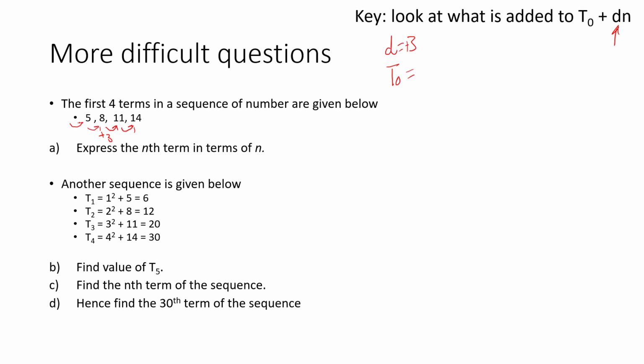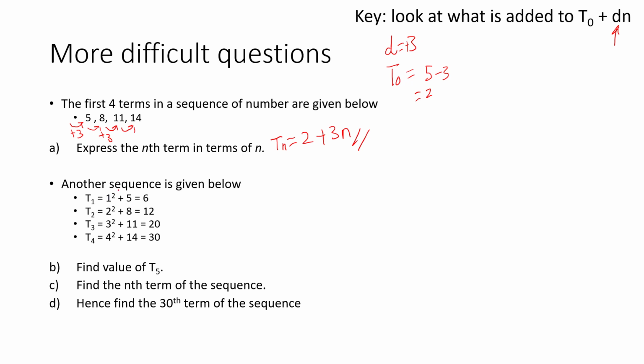So what number added to 3 will give me 5? So I will have 5 minus 3 and I will get 2. So term n will be equal to term 0, which is 2, plus common difference 3, times n. So this will be the answer. Voila.